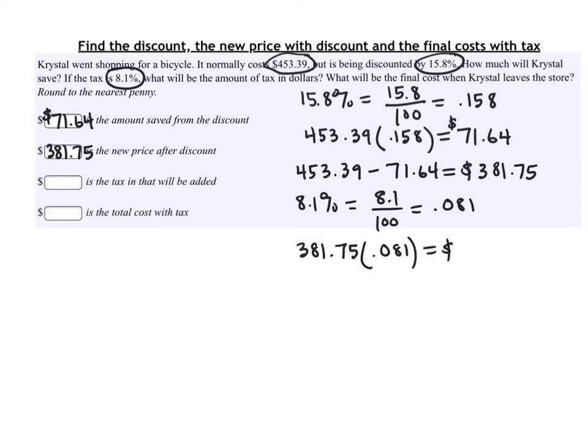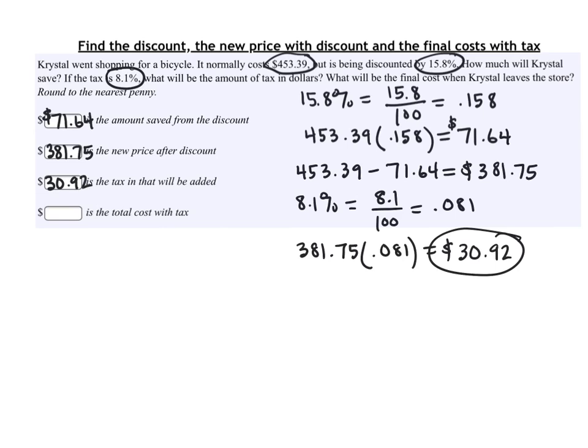The calculator says $30.92, and after the 2 is a 1. So that 1 tells us to keep the 2 the same. So this is the tax that gets added, $30.92.